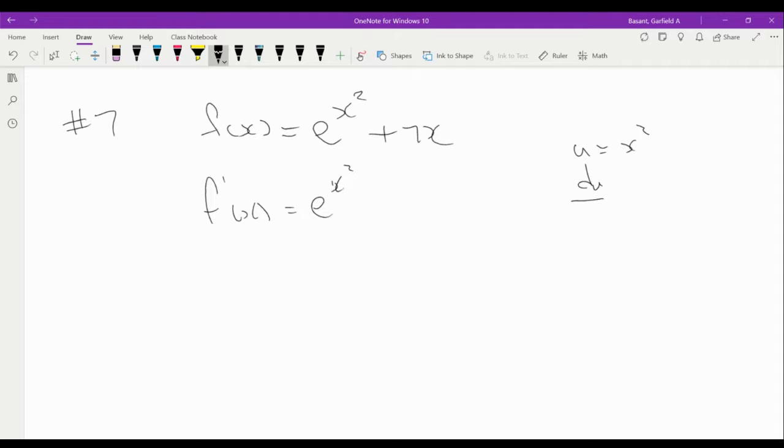So if we take the derivative of that, it's equal to 2x. So we have to multiply this by 2x. Now we're going to take the derivative of the 7x, which is just 7. So what do we have? 2x e to the x squared plus 7. That's our final answer.